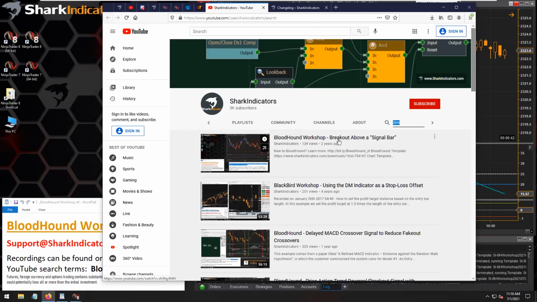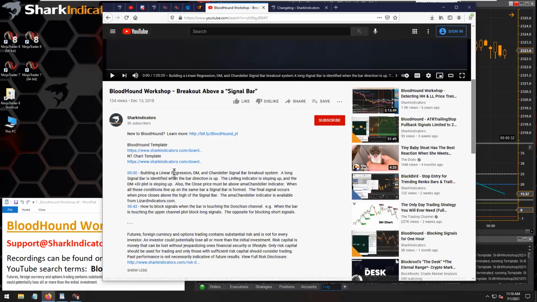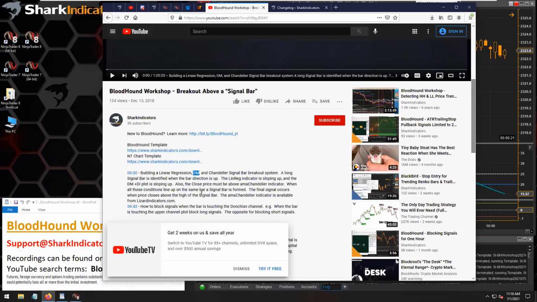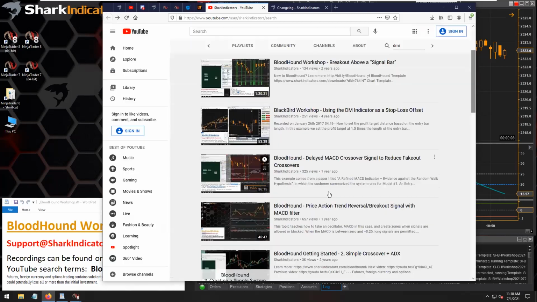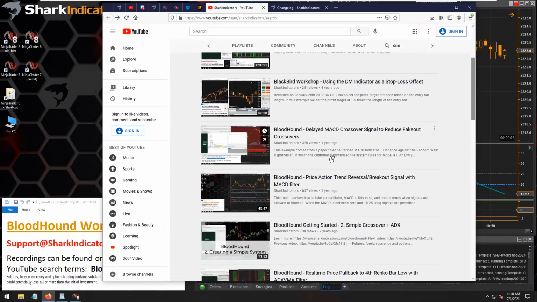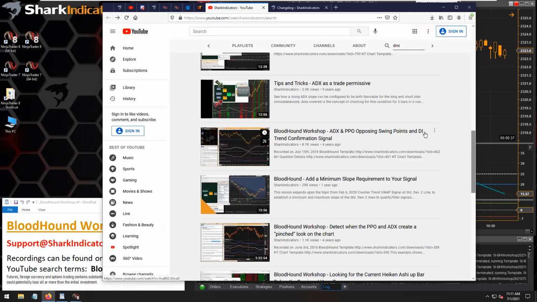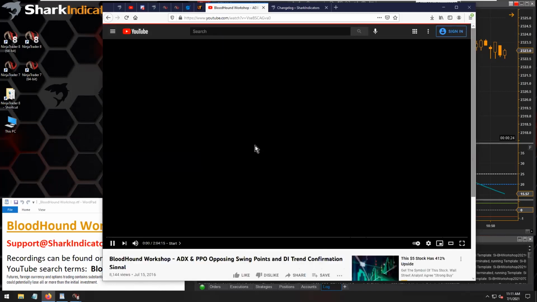So let's see, BloodHound workshop, breakout above a signal bar. I wonder. Let's take a look here. So this incorporates the DMI indicator. Probably some better topics here. Yeah, so here you go. Here's one that utilizes the DI trend. Take a look at that one.